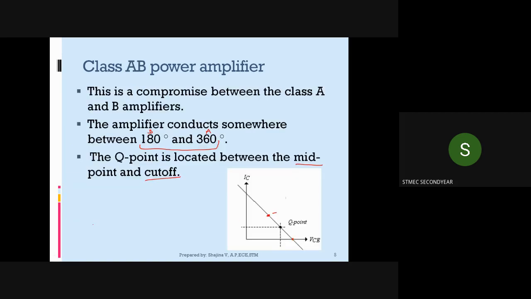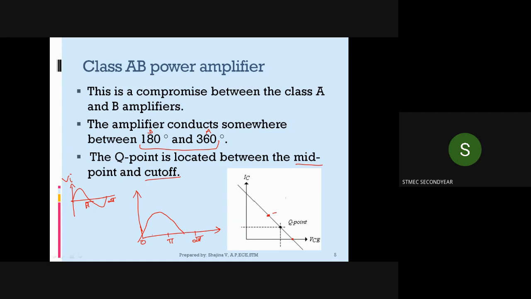So here, if you are applying an input signal like this, our output will be here 0, pi and 2π. This is my input signal, and my output signal will be somewhere like this.